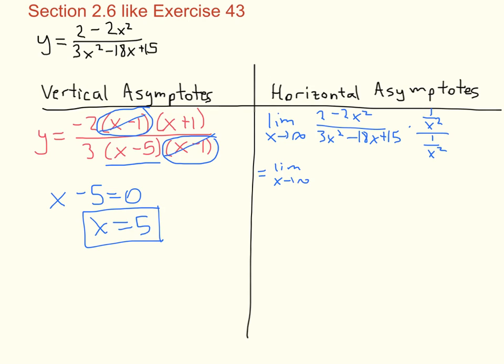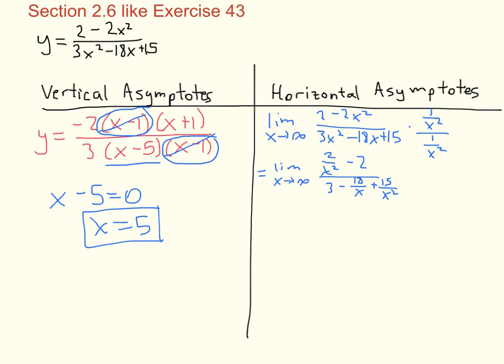So we have the limit as x approaches infinity. Multiplying by 1 over x squared on the top, we get 2 over x squared minus 2. On the bottom, we're going to get 3 minus 18 over x plus 15 over x squared.